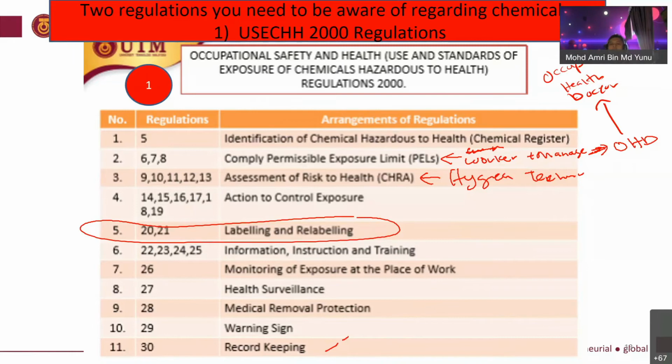So if the employer says, why didn't you tell us first? No, that's not how it works. The OSHD will immediately tell DOSH and also the employer, the boss. So they are all aware.